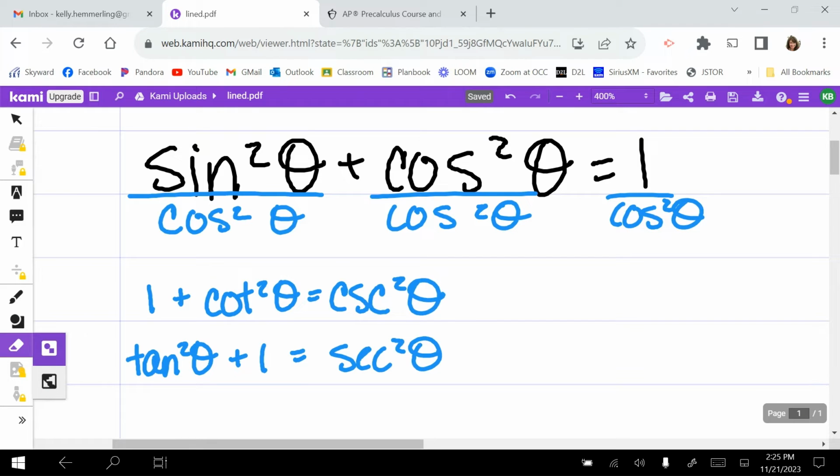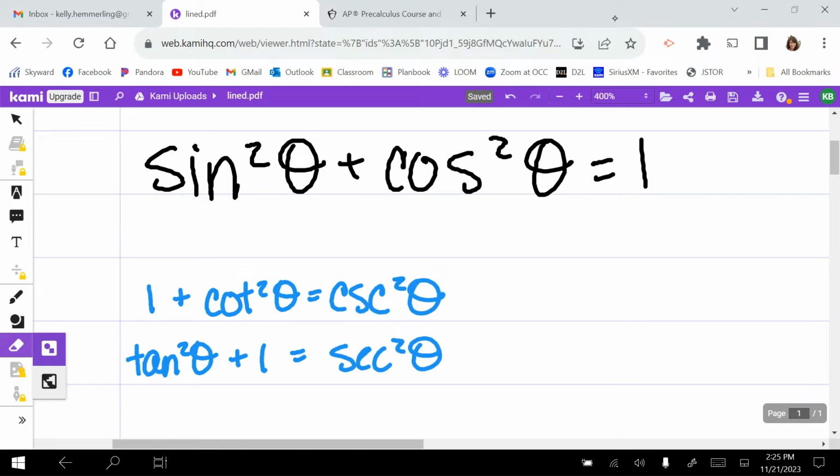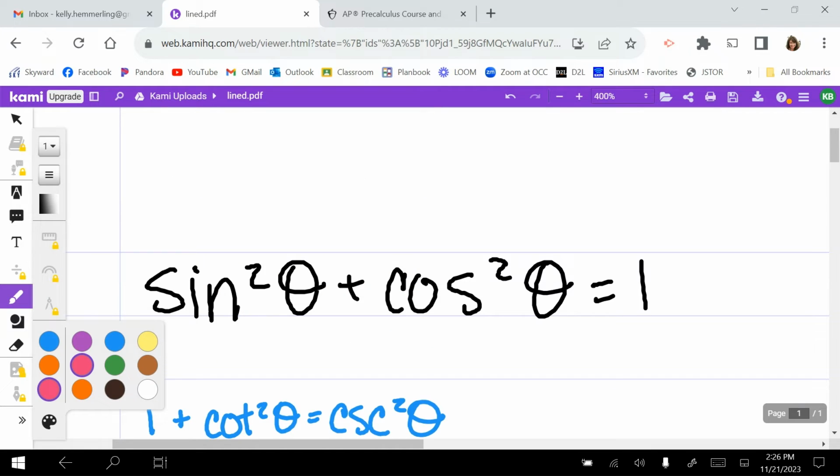So if the student just memorizes the fundamental Pythagorean identity, then you can easily see how the other 2 can be derived, not by memorization, but just by simply dividing all the terms by either sine squared theta or cosine squared theta.